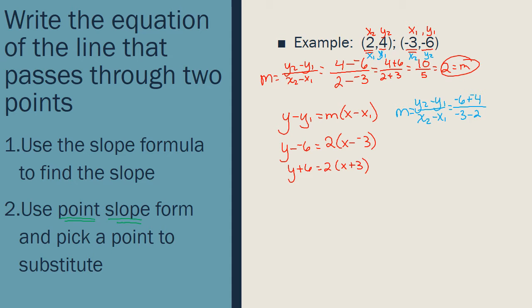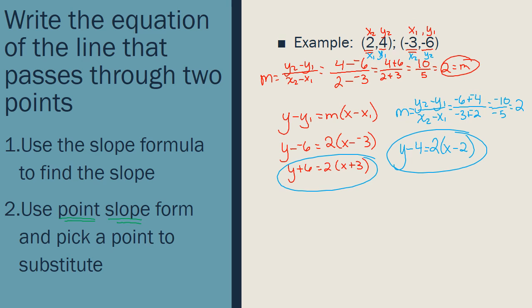This is like adding a negative. I get negative 10 divided by negative 5. A negative divided by a negative is positive, so I get positive 2. Same slope. Y minus my y1, now 4, is equal to 2 times x minus 2. These are both valid answers.